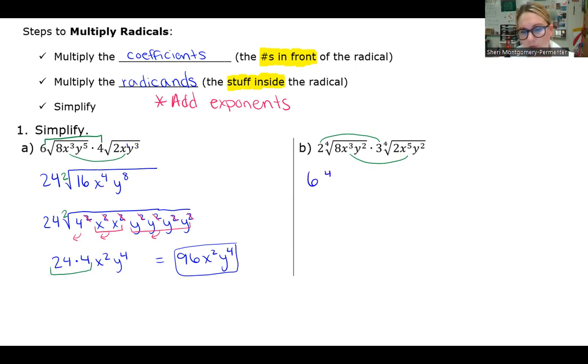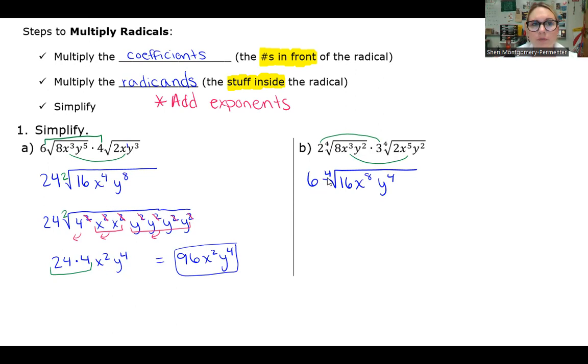And then I'm going to put the 4th root of 8 times 2. How many x's do I have? 8. And how many y's? 4.